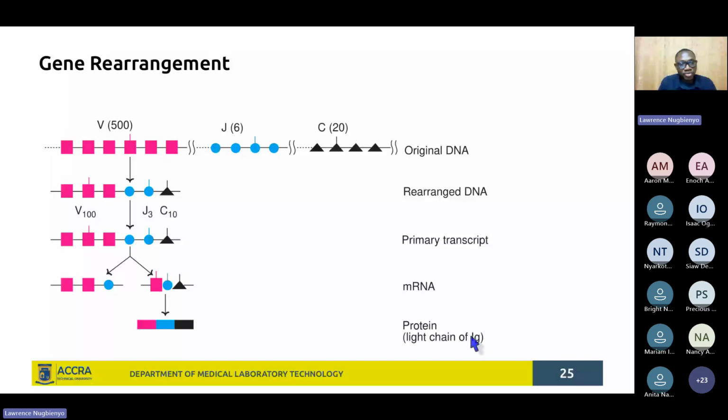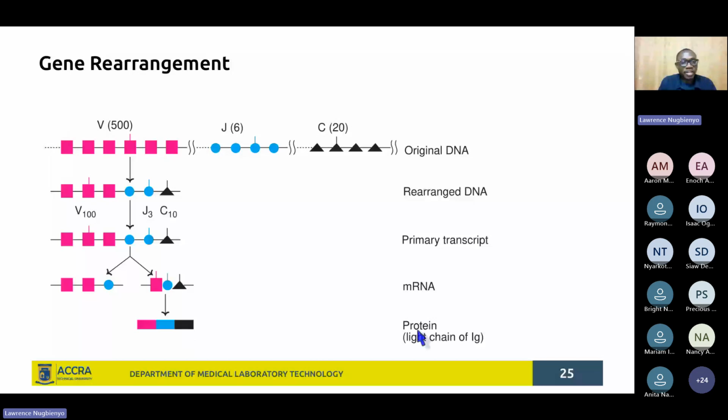There is some rearrangement, such that specific portions of the gene get rearranged, such that in the end you have what is referred to as the light chain of the protein.